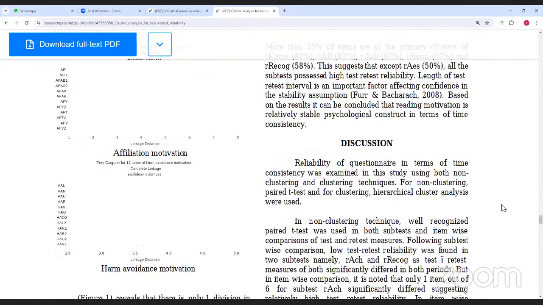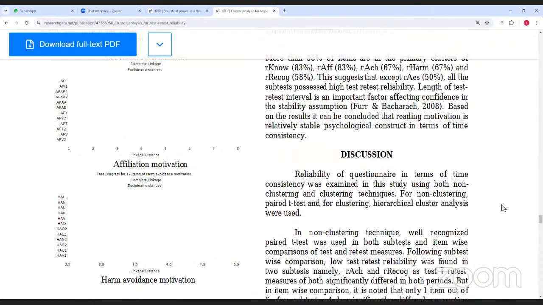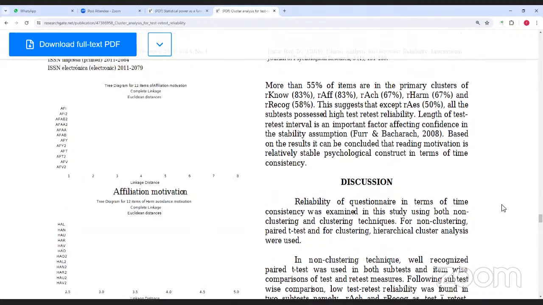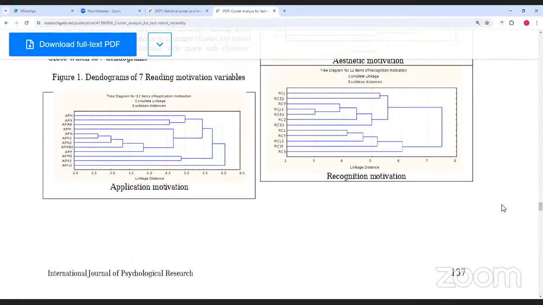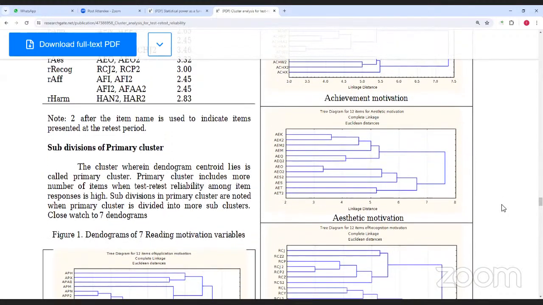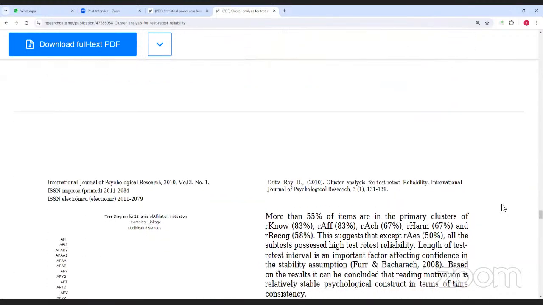Need for affiliation and need for a dendrogram is not there. Yes, sir. Dendrogram I cannot see. The dendrogram is not there. Okay, you go to the recognition motivation.